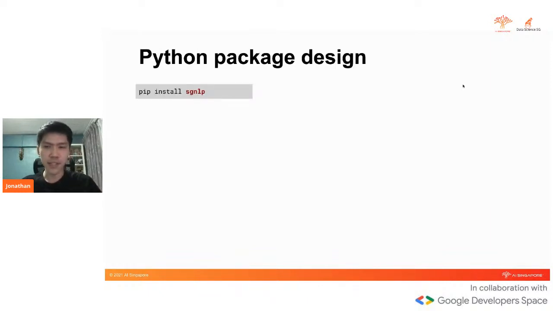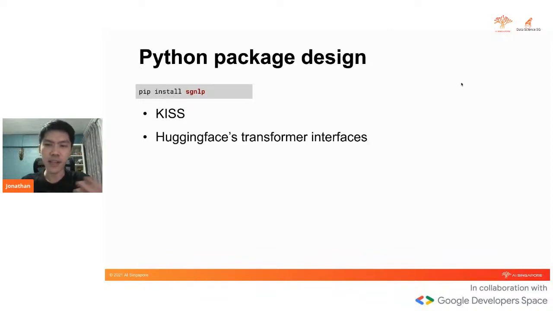So one of our first tasks was to decide on how we want our open source Python package to look like. We believe in the KISS principle, which is to keep it simple. So we don't want to create another framework for folks to pick up. We looked into a few of the popular NLP libraries such as AllenNLP and Hugging Face for inspiration.